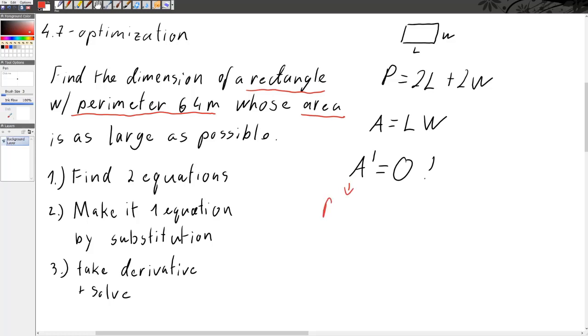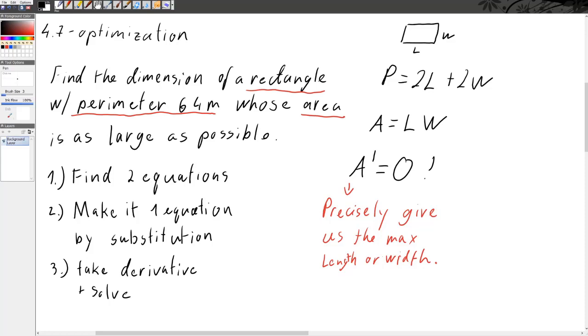Because this precisely gives us the max length or width. So we do just that. We need to find A prime. A prime is made up of L and W.